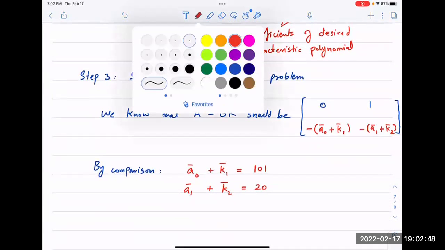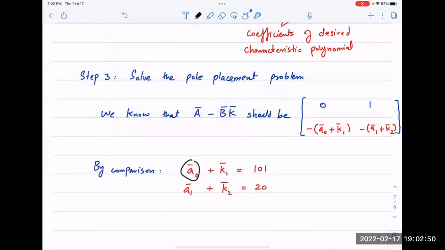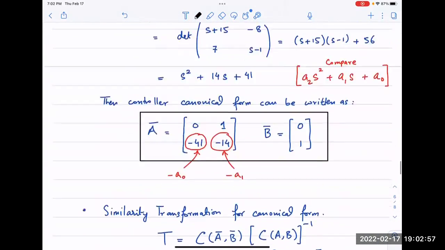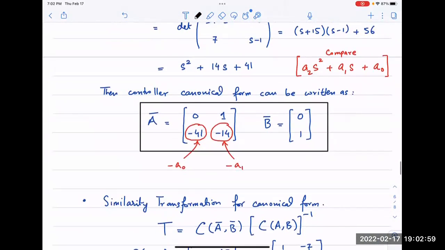So what is A0 bar? We can go back into our original controller canonical form. This is the A0 bar sitting here, and A1 bar.